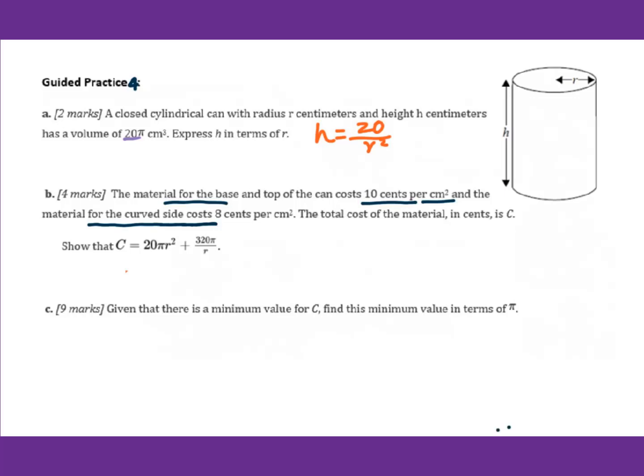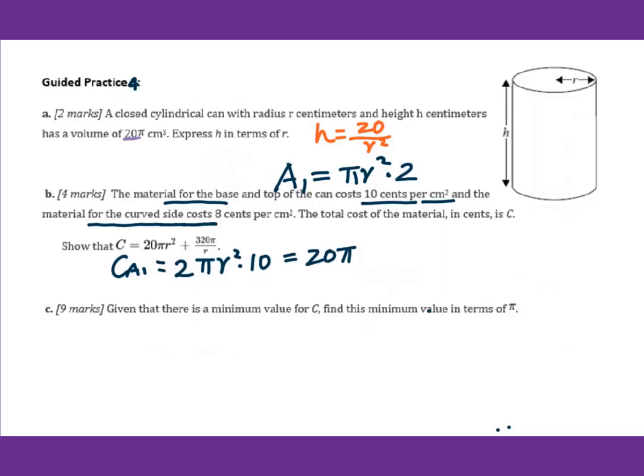For the top and the bottom, A1 equals pi r squared times 2 because you have the top and the bottom. Therefore, for CA1 equals 2 pi r squared times 10. That is 20 pi r squared.